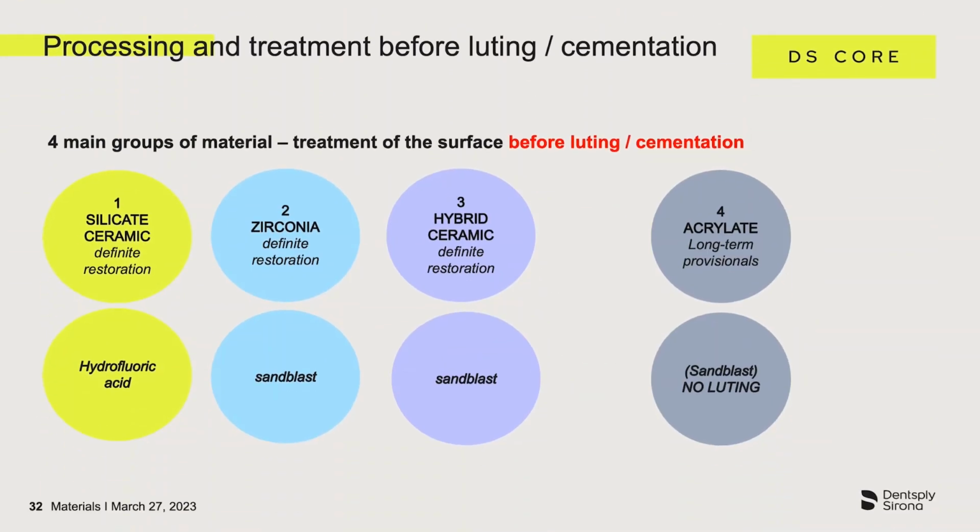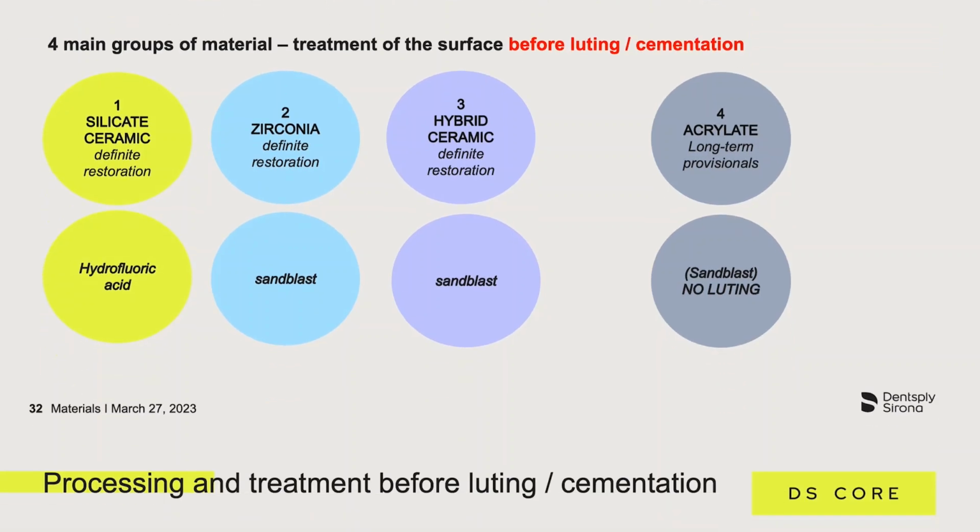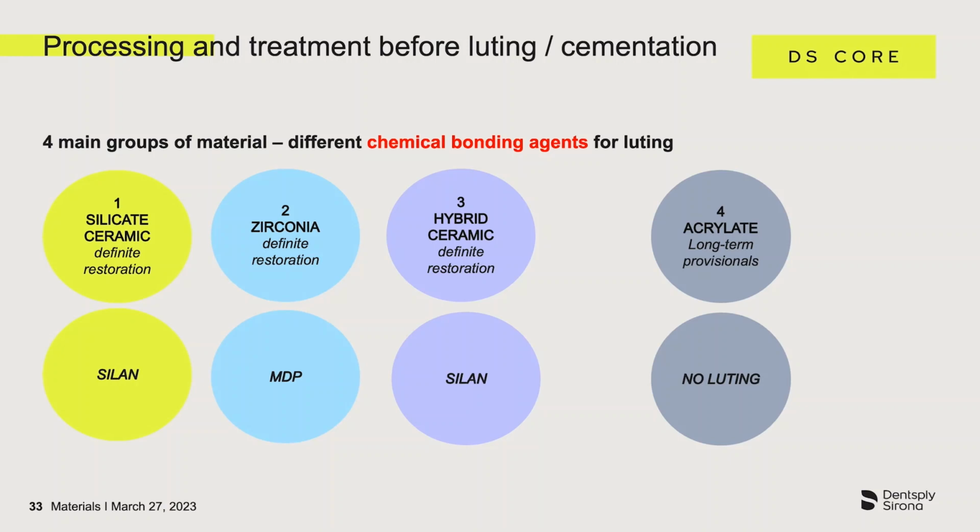According to the bonding protocol, the surface of the materials must be enlarged and conditioned. For this purpose, hydrofluoric acid is applied for silicate ceramics due to the glass they contain. And for the other materials, the surface enlargement can be done by sandblasting. The subsequent chemical bond is also determined by the main components.